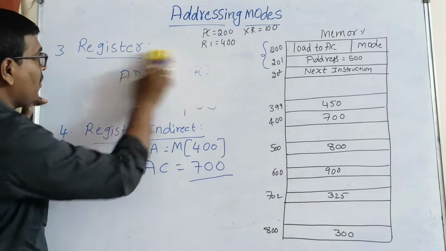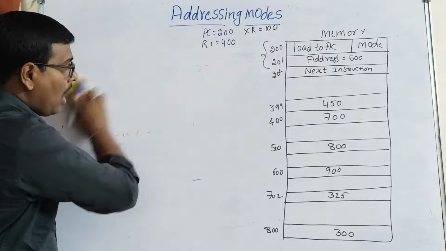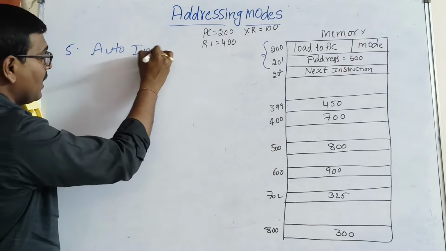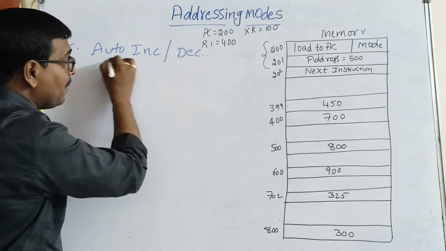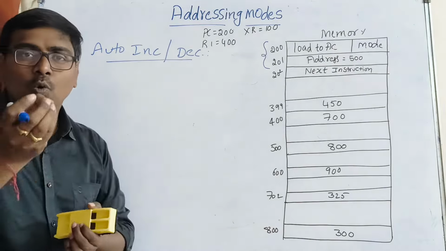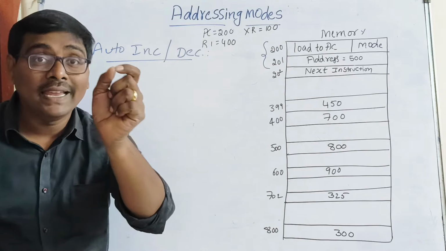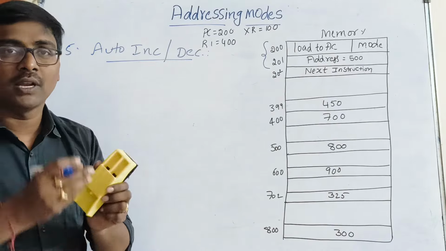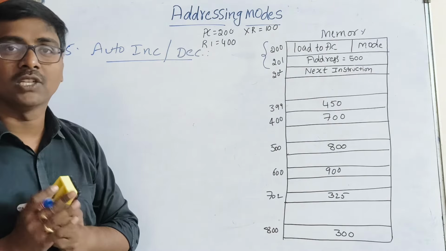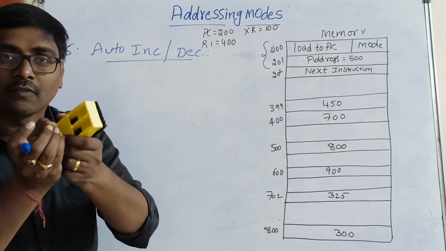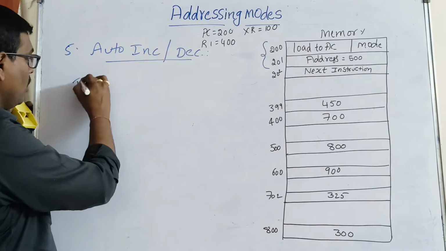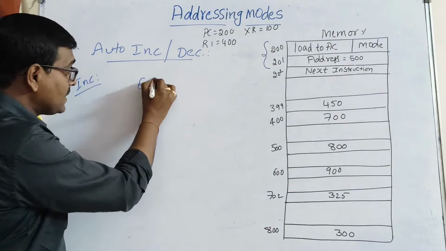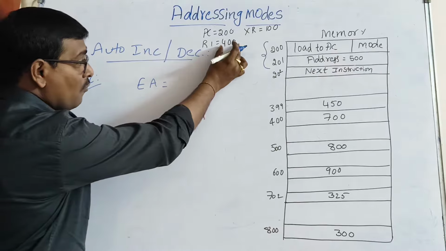Now in a similar fashion we have auto increment and auto decrement. These also work similar to register indirect, but the difference is that after or before performing the operation, the content of the register is incremented by 1 or decremented by 1. First I will show you auto increment. What happens? First, what is the effective address? Simply 400.